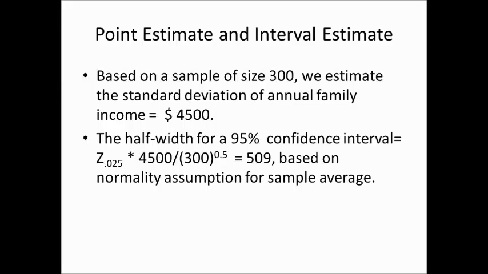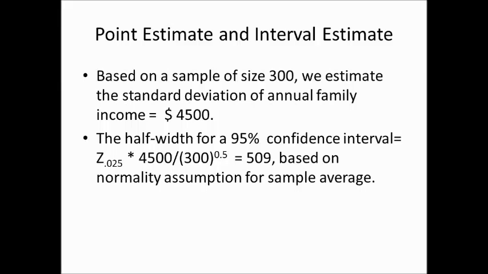We'll explain that later. 95% converts into z.025. Z is a standard normal variable. A standard normal variable is a normal distribution with mean 0 and standard deviation 1. So the half width is given by z.025 multiplied by the standard deviation from the data set divided by the square root of the sample size. And that comes out to be $509.